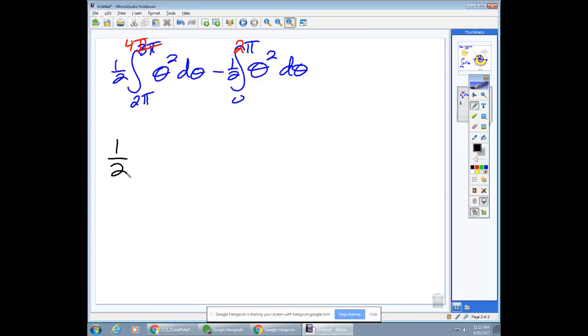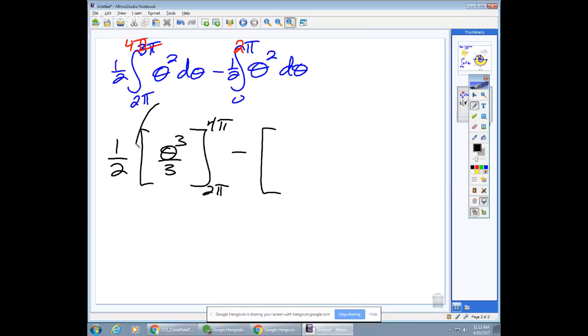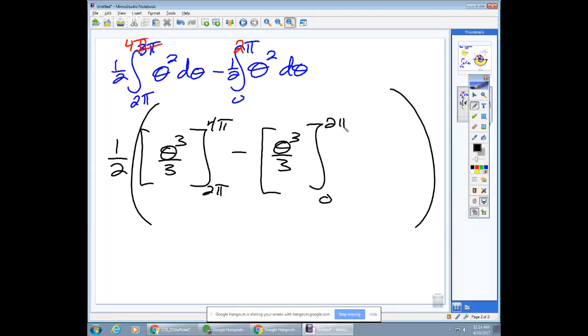So we can just pull out the 1/2, and then we'll have two chunks. We'll have theta cubed over 3 as our antiderivative from 2 pi to 4 pi minus, and let's put the 1/2 around the whole thing, that same theta cubed over 3 from 0 to 2 pi.